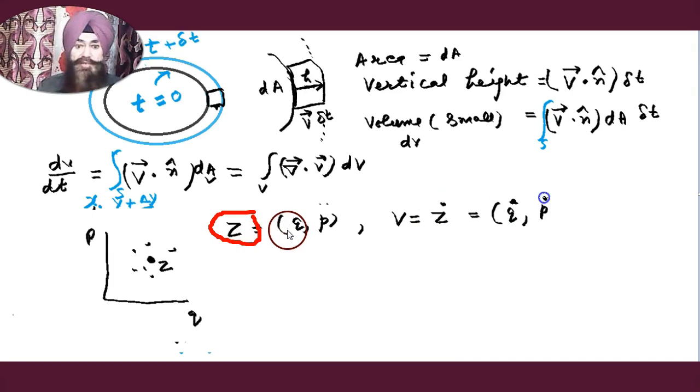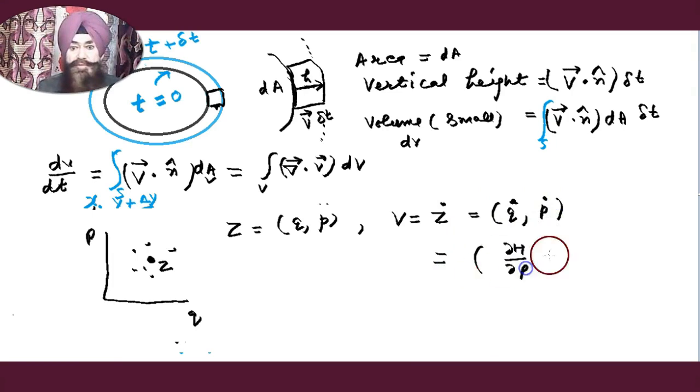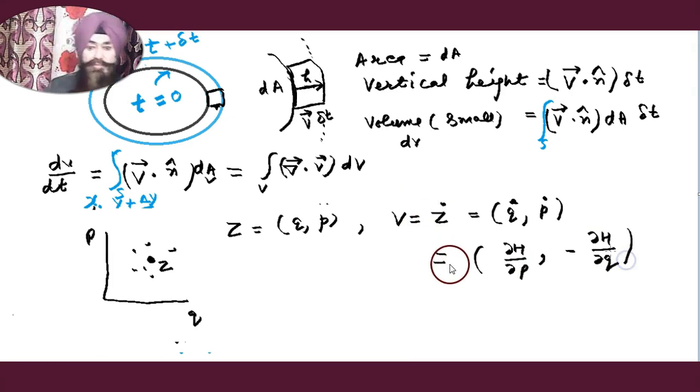Z dot means Q dot and P dot. And in terms of the Hamiltonian, you know what Q dot is: the partial derivative of the Hamiltonian with respect to P, and minus of P dot is the partial derivative of the Hamiltonian with respect to Q.